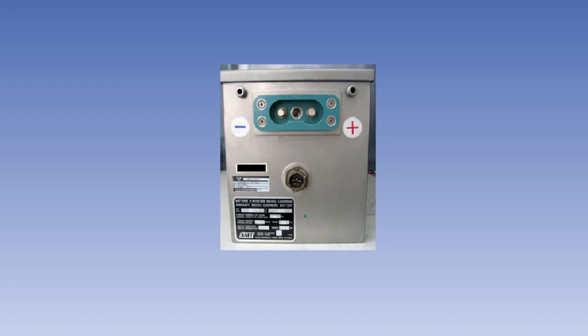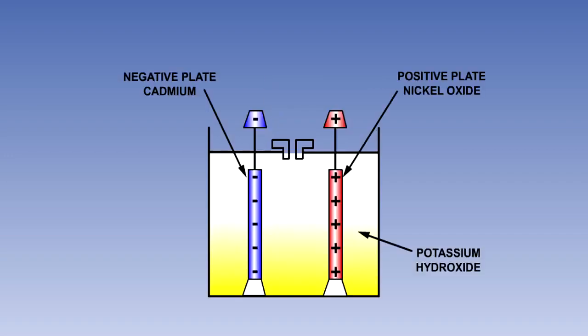Lead-acid batteries are still used in some smaller aircraft, but have been largely replaced by alkaline batteries of the nickel-cadmium or NiCad type. The plates of these batteries are composed of nickel oxide and cadmium, and the electrolyte is potassium hydroxide.